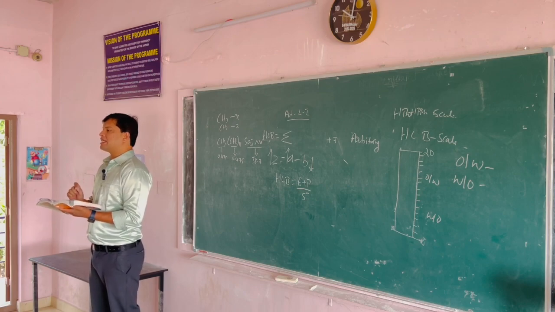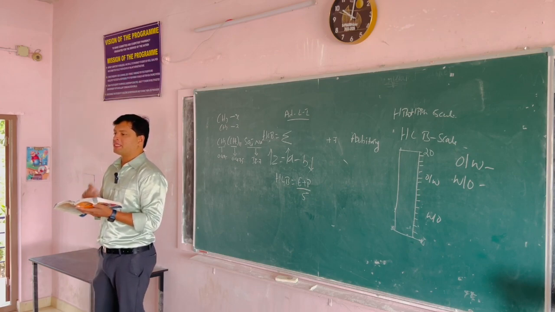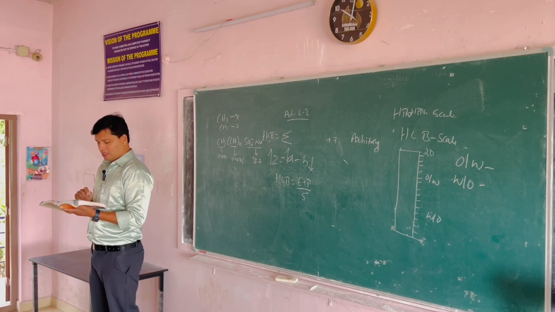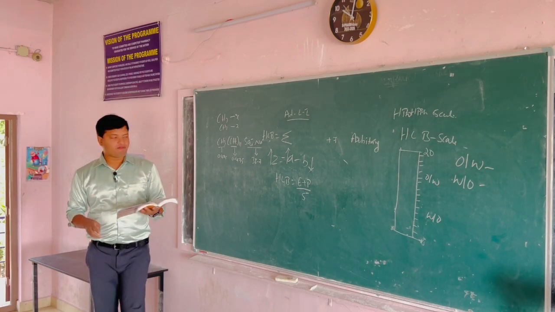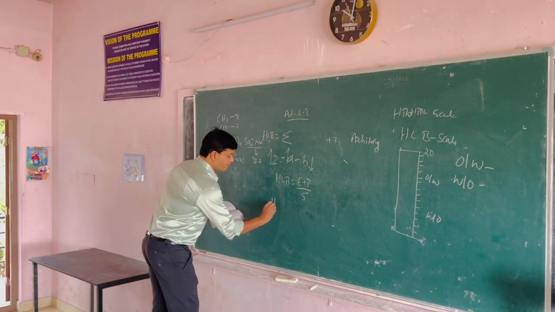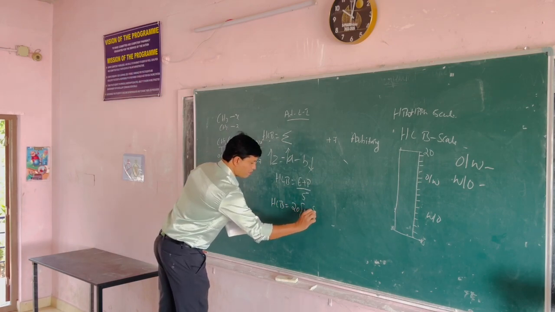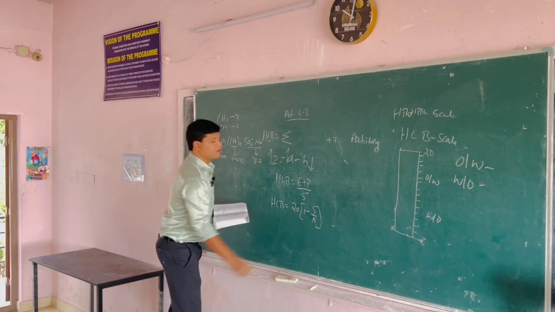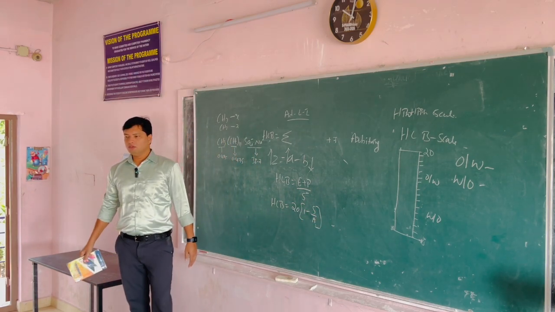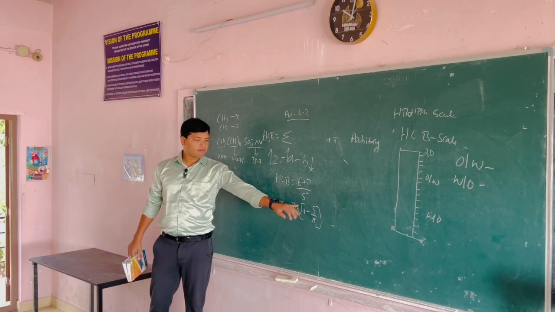GPAT question. Glyceryl monostearate is estimated by method 3. HLB can be determined by the following equation. HLB is equal to 20 into 1 minus S by A.